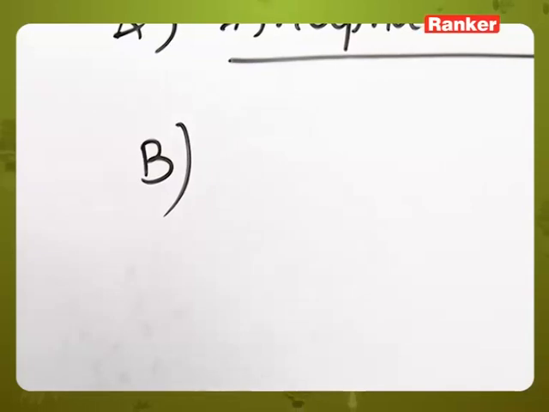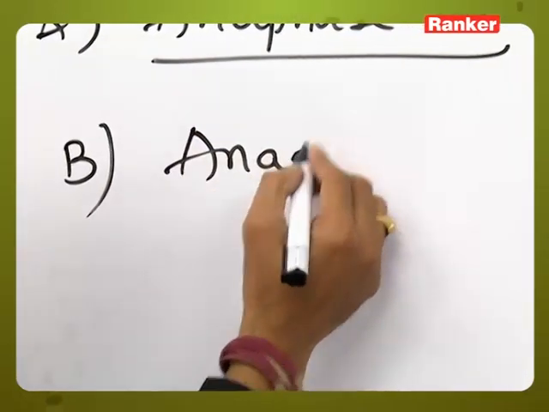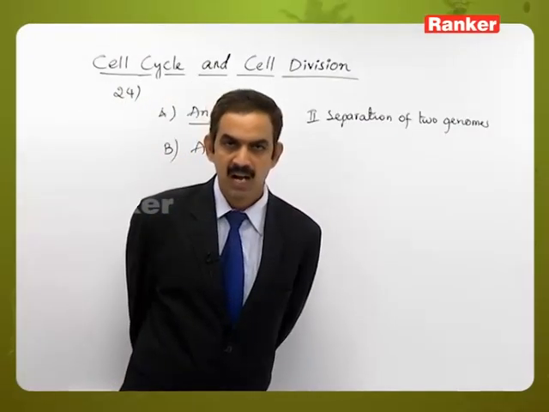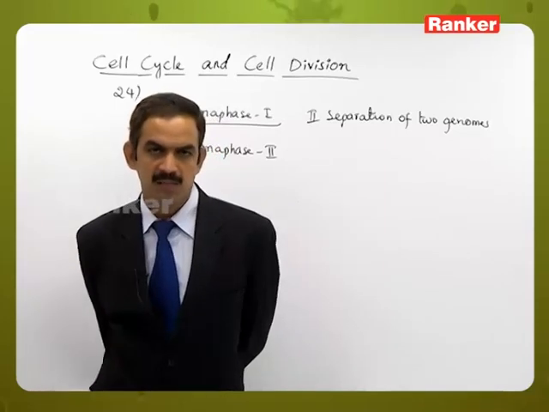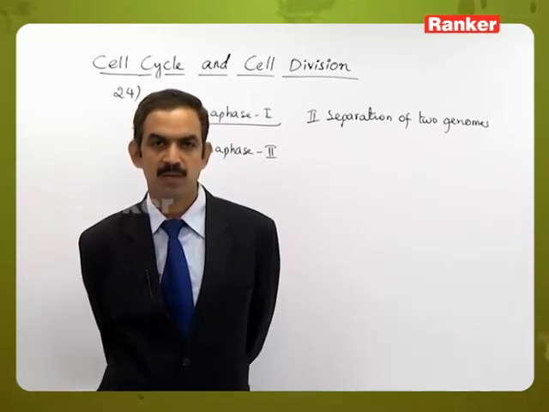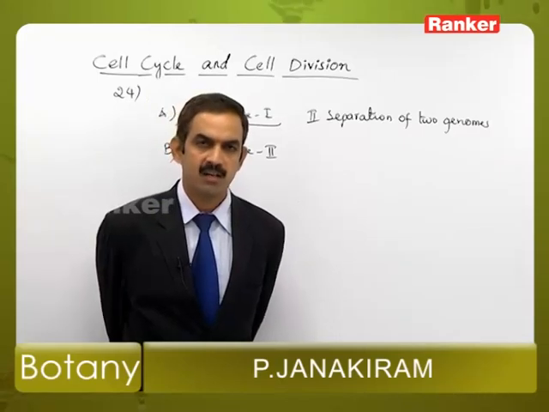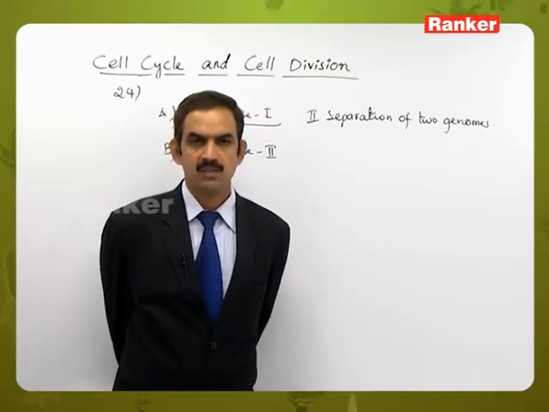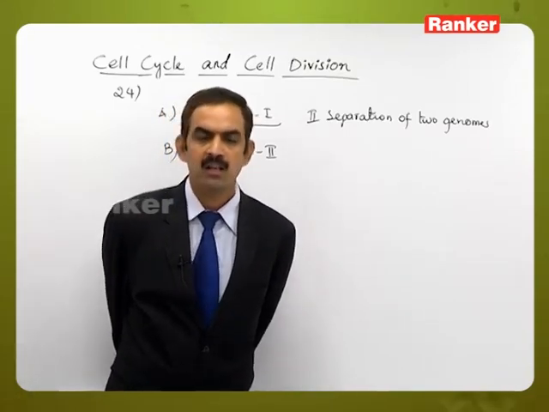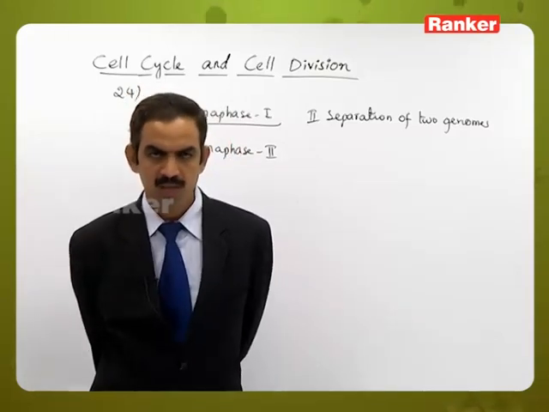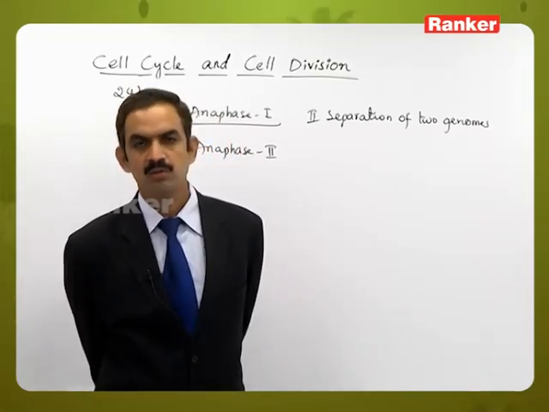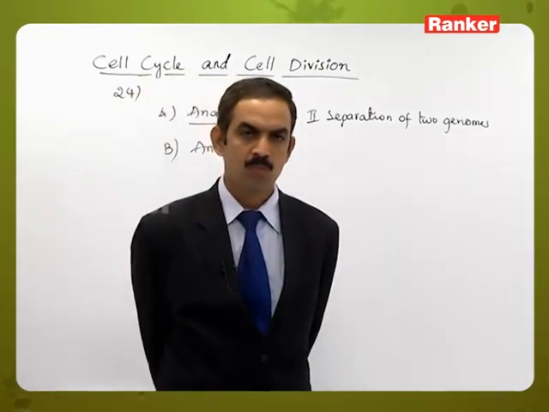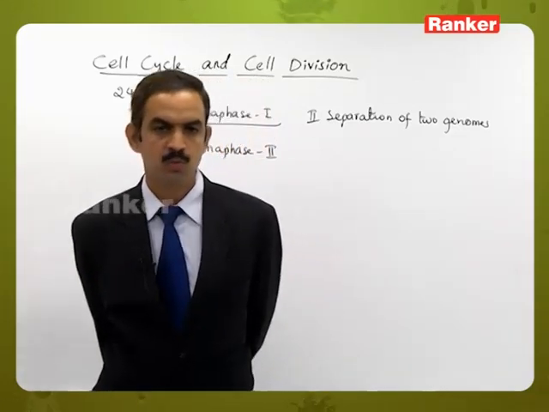Second one, that is anaphase 2. During anaphase 2, the centromere will split. How does the centromere get split? Because of the formation of the two spindle apparatus, for two separate groups of nuclei which are present in the same cell. The two spindle apparatus will come and attach to the centromeres of the chromosomes. Then they will contract to divide the centromere into two parts. When the centromere is divided, two chromatids which have been separated out will be moving towards the two opposite poles.